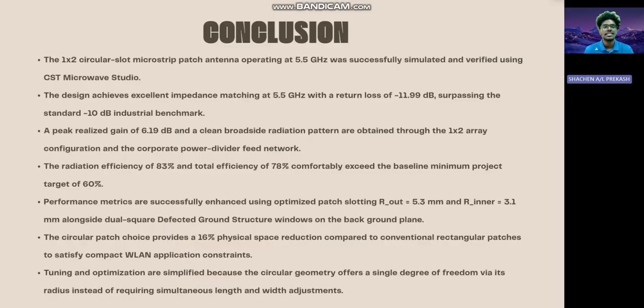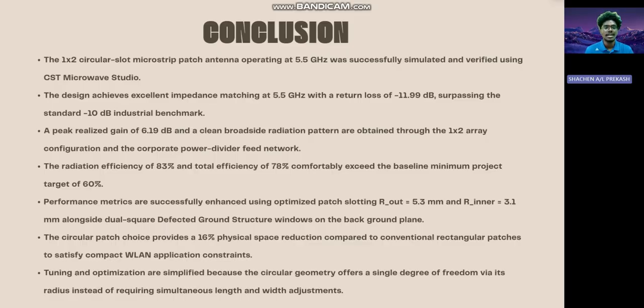A peak realized gain of 6.19 dB and a clean broadside radiation pattern are obtained through the 1 times 2 array configuration and the corporate power divider feed network. The radiation efficiency of 83% and total efficiency of 78% comfortably exceed the baseline minimum project target of 60%.